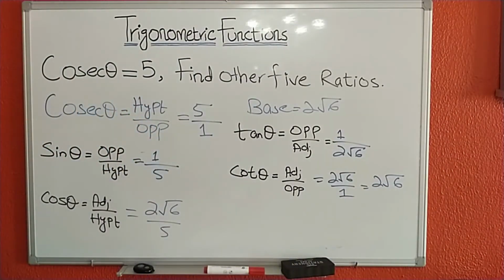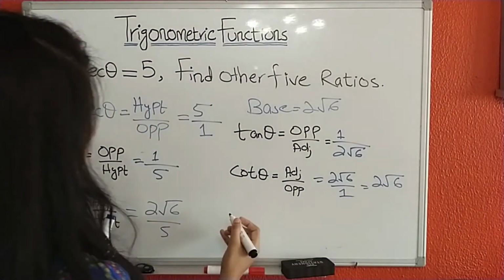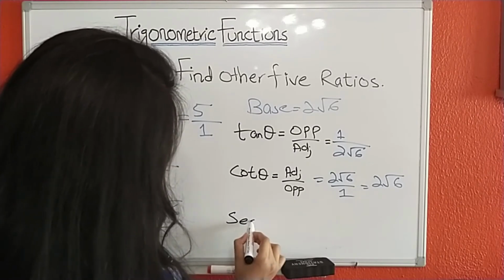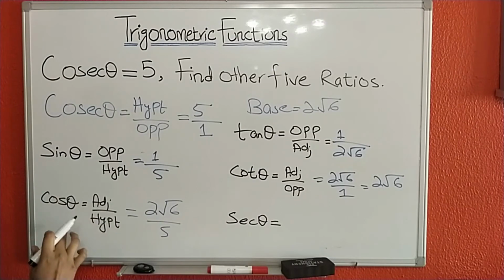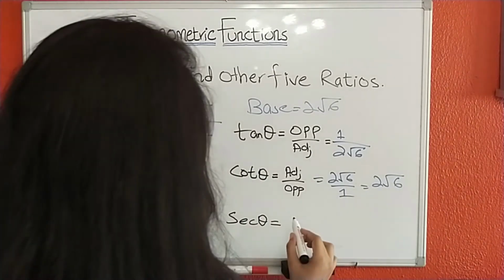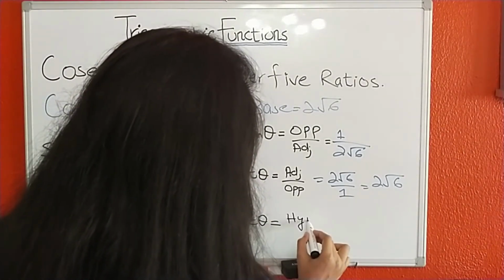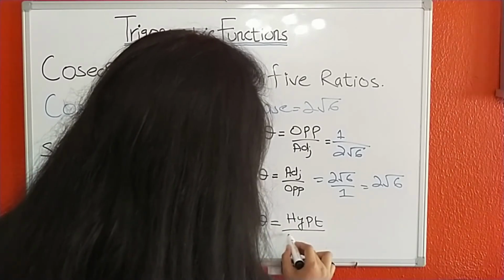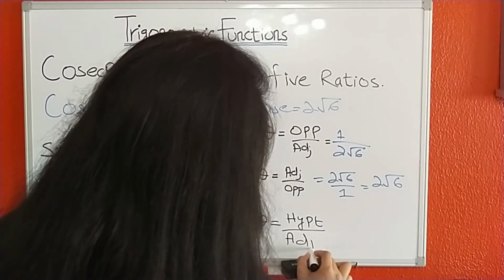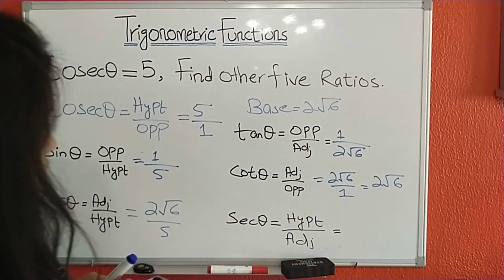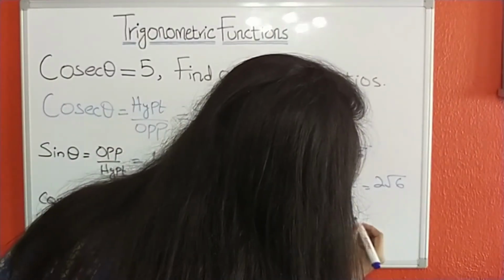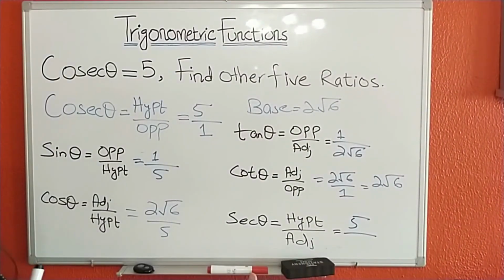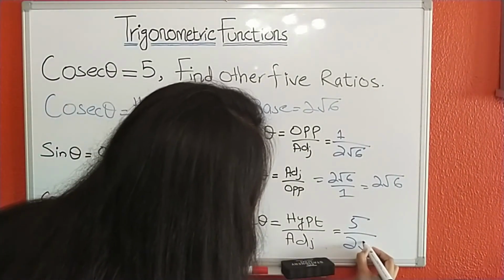Okay, now I have only one ratio left, which is secant theta, and secant theta is the inverse of cos. So hypotenuse upon adjacent. So hypotenuse is 5 and the value of adjacent or base is 2 root 6.